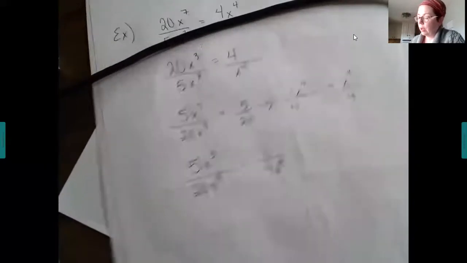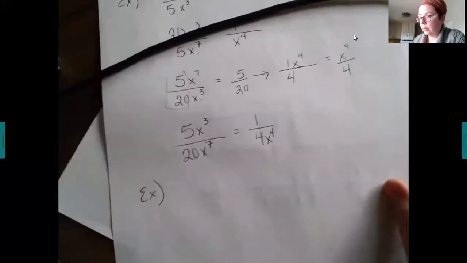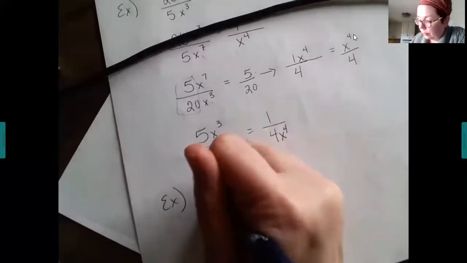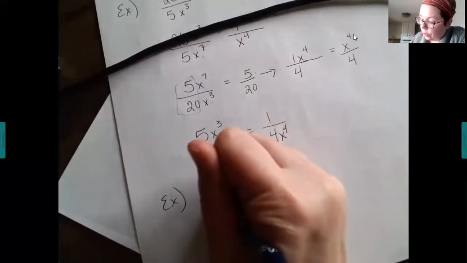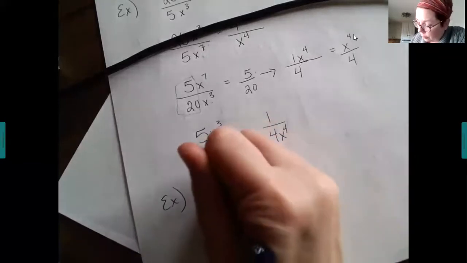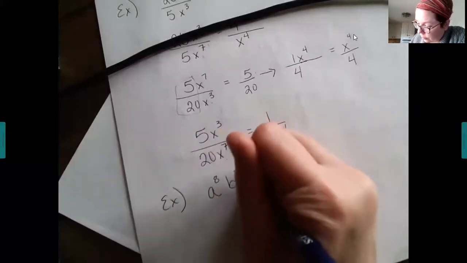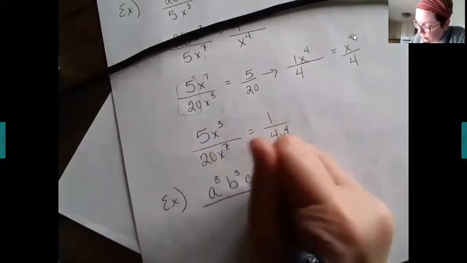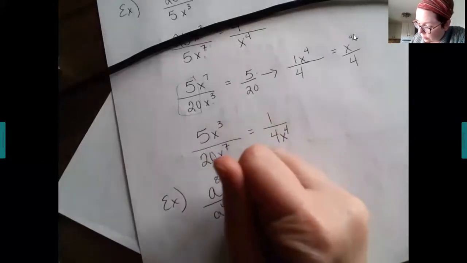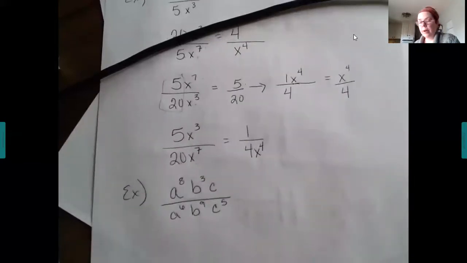Okay. And just to kill you with one more type of example. So you can have more than one variable. Okay.